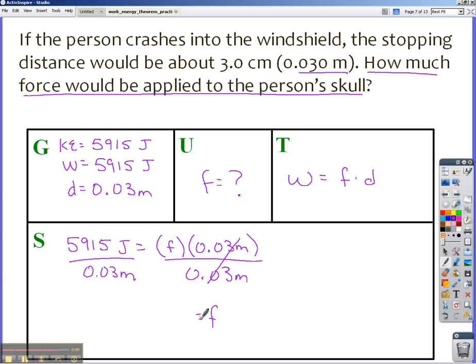And 5915 divided by 0.03 equals a very large number, 197,166.6. So I'm going to go ahead and just round that to the whole number, 197,167. And then this is a joule, which is a newton meter. So meters cancel, leaving me with newtons as my unit of force. Quite a bit of force being applied to the person's skull.